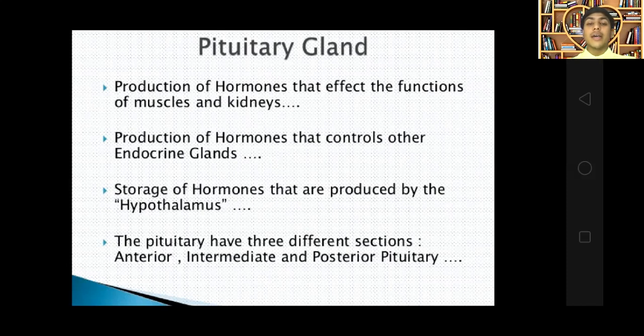The pituitary gland controls other hormone glands, and the pituitary gland itself is controlled by the hypothalamus. The pituitary gland has two parts: one is the anterior pituitary and the second is the posterior pituitary.